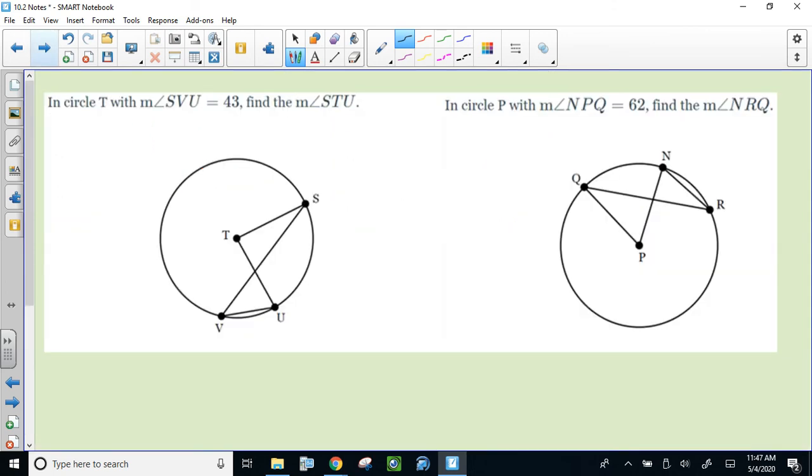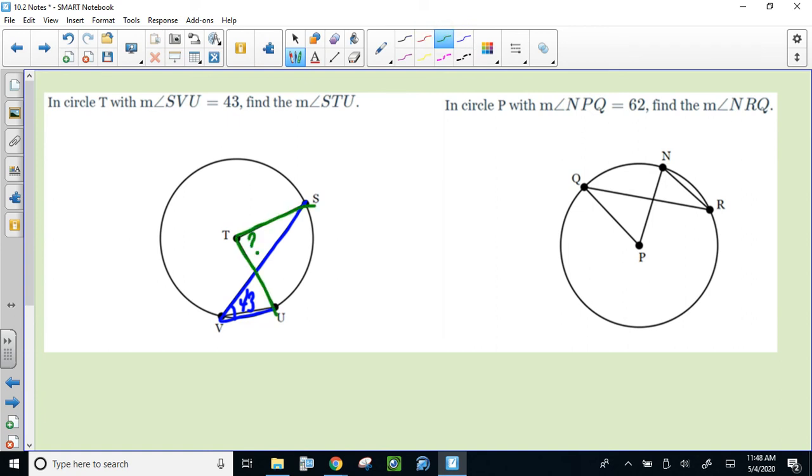Two more, last couple of quick examples here. This is kind of what some of the homework's going to look like. So I grabbed two problems here just so you could see them. In circle T, angle SVU. So SVU. So I'm going to drag that down. That's an inscribed angle. So this angle is 43 degrees. We want to know, what is the measure of angle STU, the central angle.